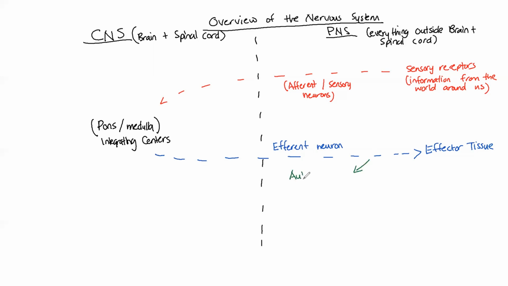That's what we're going to spend a lot of today speaking about or introducing, and it has two further divisions that I'll talk about in a second. And then we have the somatic nervous system, which we'll speak about later on in chapter 12.